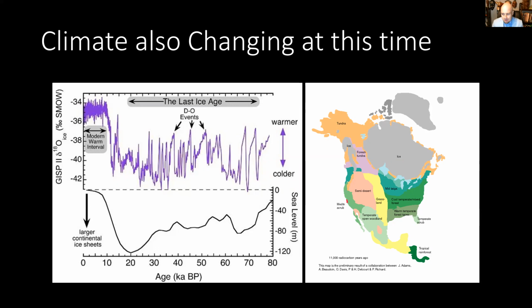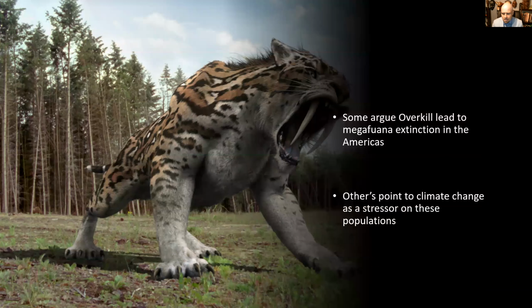And again, what's special about this in North America, where there's earlier events in Australia having some similar effects in this region. So some people argue overkill due to that coincidence, and there are others that argue that climate change stressed these populations. And you can also take the nuanced, mixed view of this.